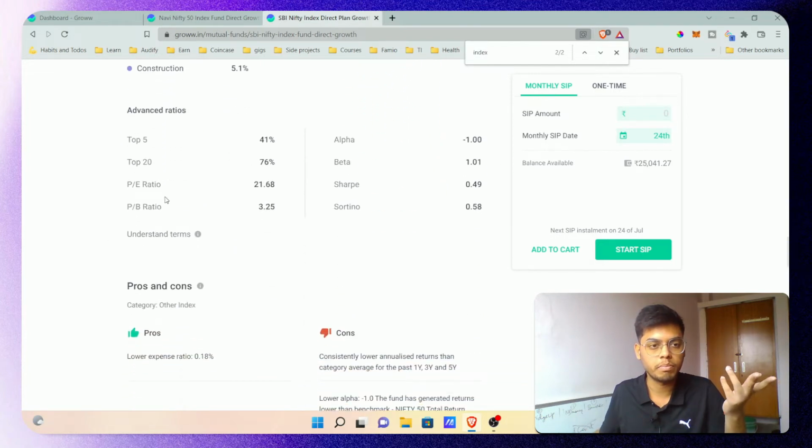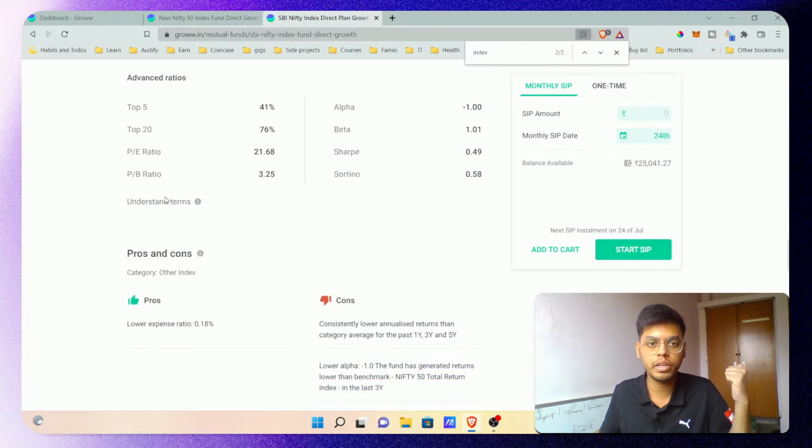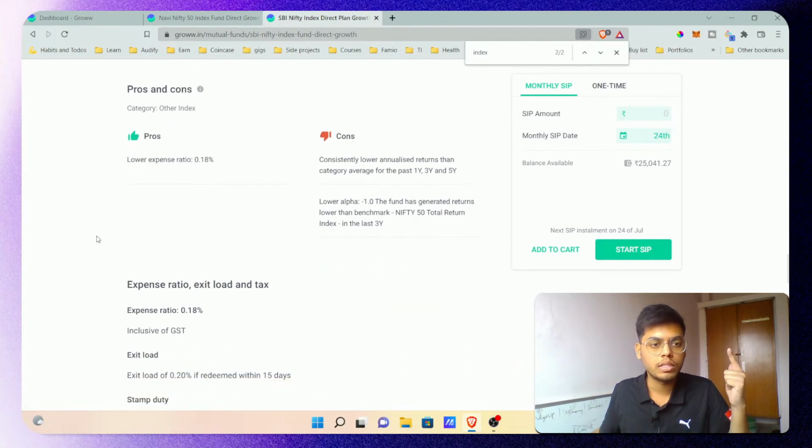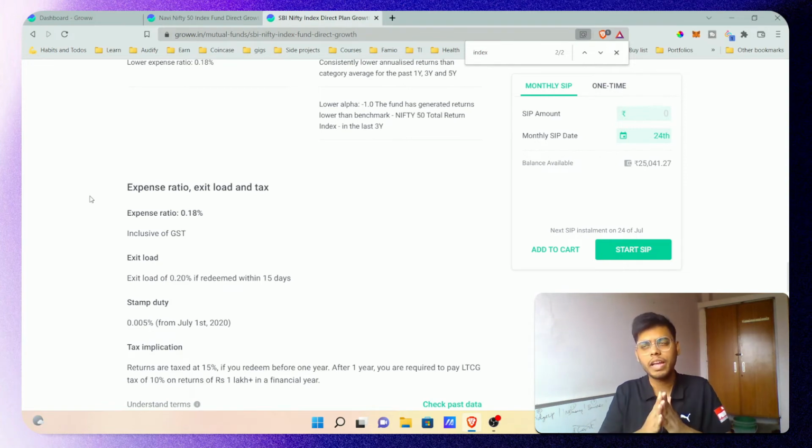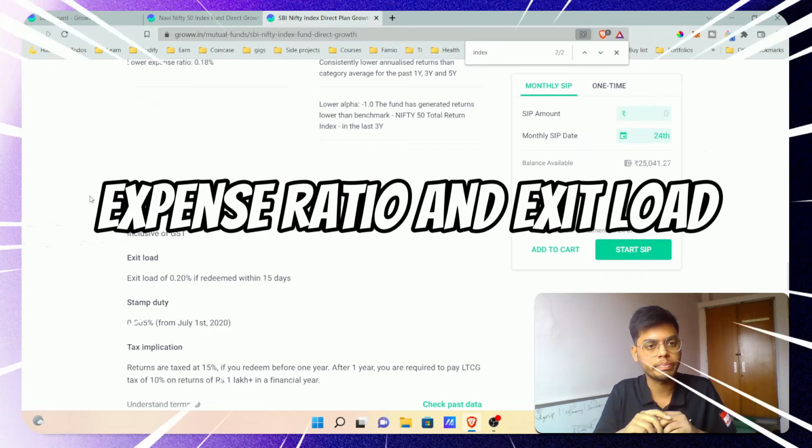And you have some PE ratio, PB ratio, which I don't think you would need as a first time investor, right? One very big important thing is the expense ratio and exit load.